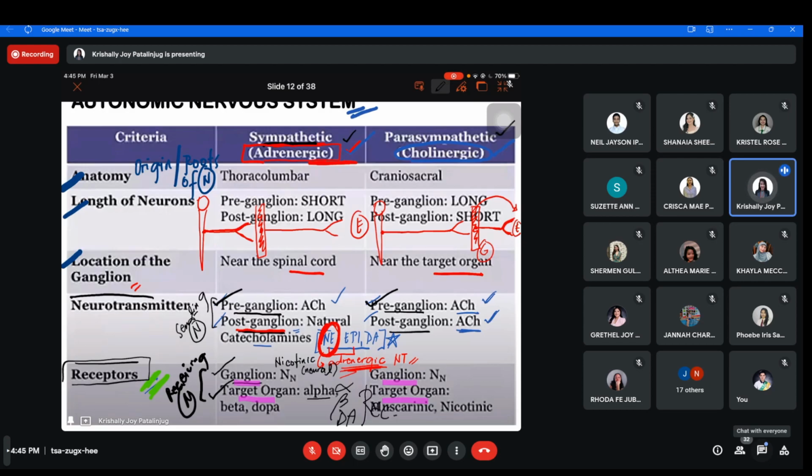Okay, and then for parasympathetic, we have muscarinic and nicotinic. So dun sila nagkakaiba sa pangalawang receiving neuron sa effector organ. So taken all together, these are the differences of parasympathetic and sympathetic nervous system. Again, this is based on anatomical structures. Okay, so I hope you were able to grasp these differences based on anatomical criterion.